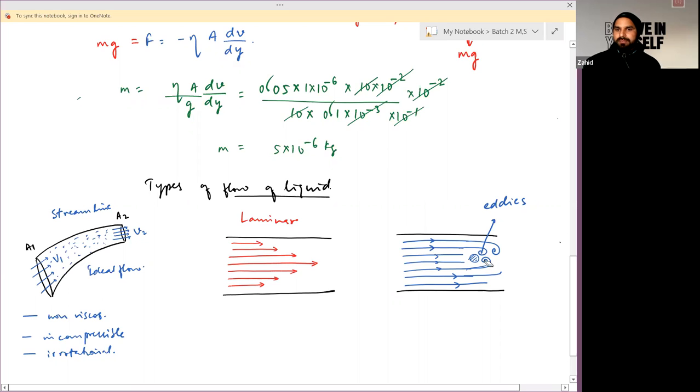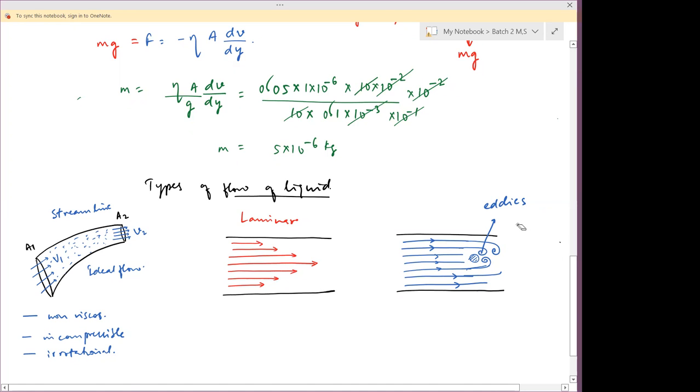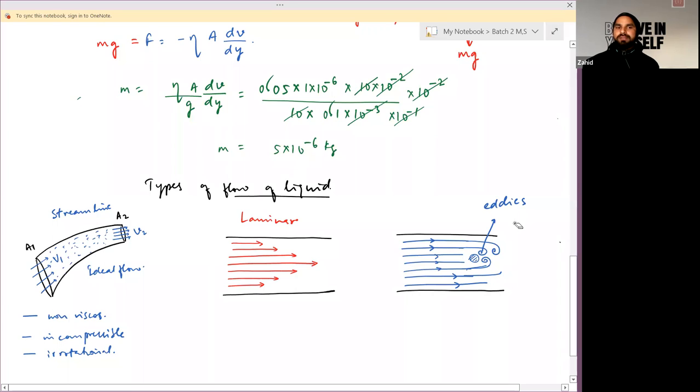So there will be some vacant space at this point since these two layers strike and get stopped. So these two layers will move forward and get spiraled at this point. This spiraling behavior is called eddies formation. So the flow of liquid in which there is some formation of eddies is called turbulent flow.